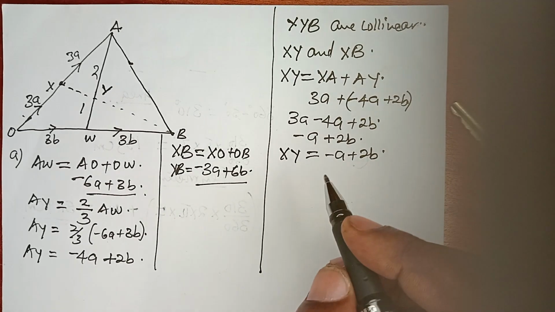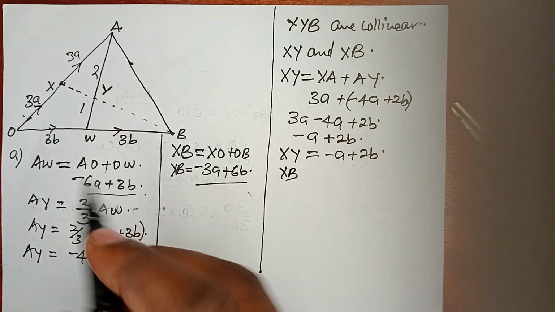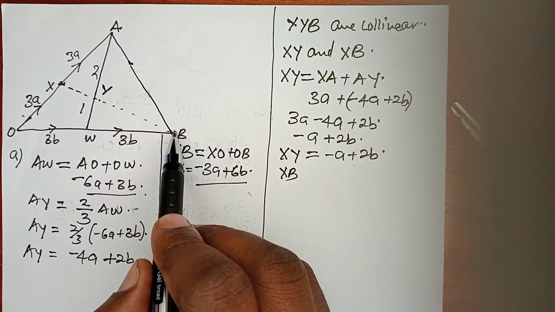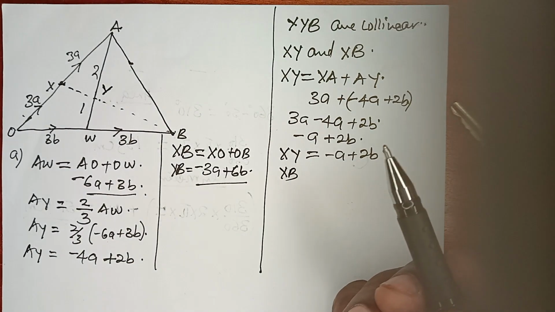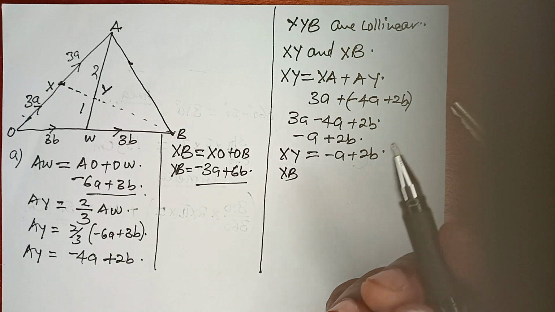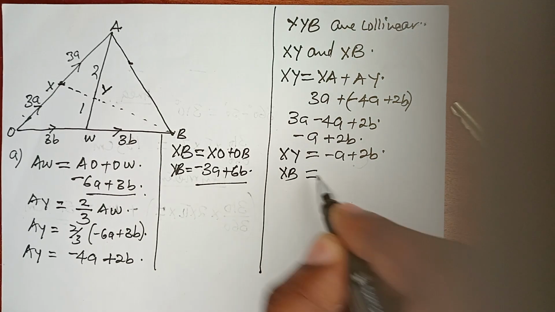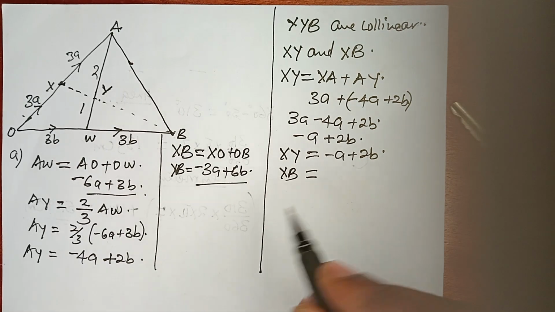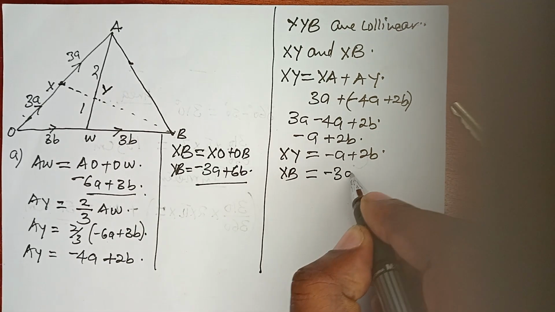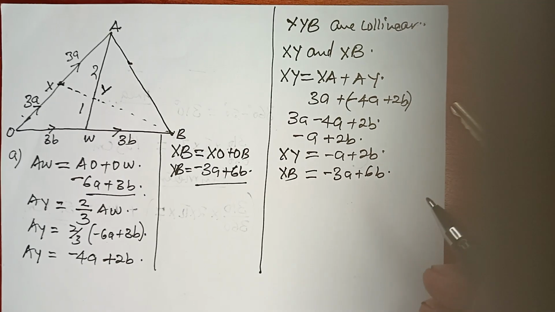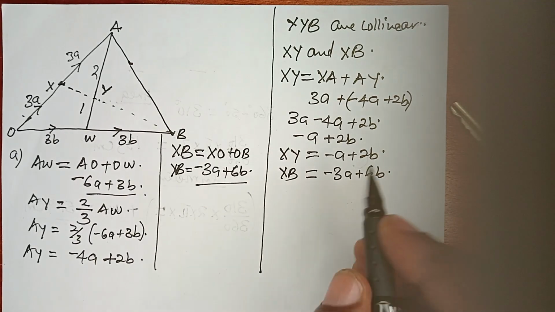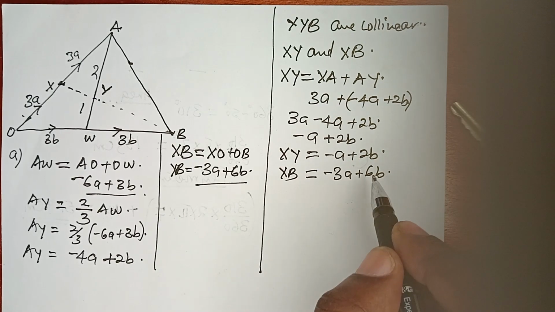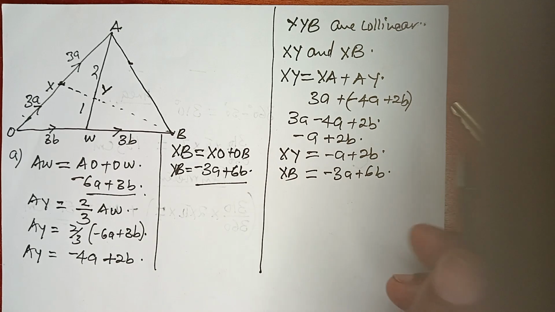And then we compare this with vector XB, because XY is that vector and XB is that other vector. The straight line is going to be confirmed if we have two vectors within the line that are parallel, and of course they have to share a point. So what is XB? XB is minus 3A plus 6B. Minus 3A divided by minus A is 3, 6B divided by 2B is also 3.